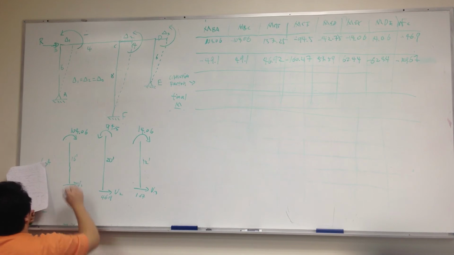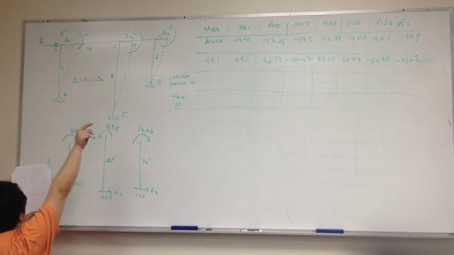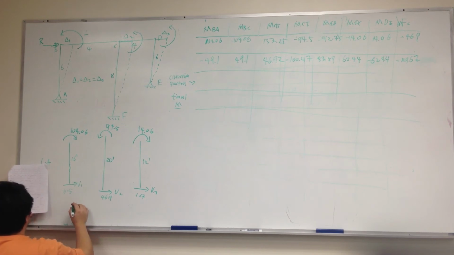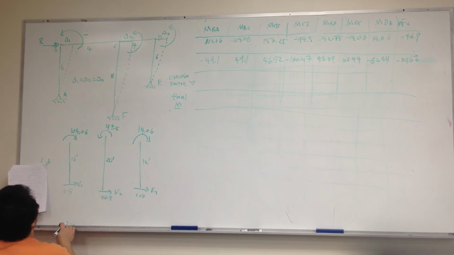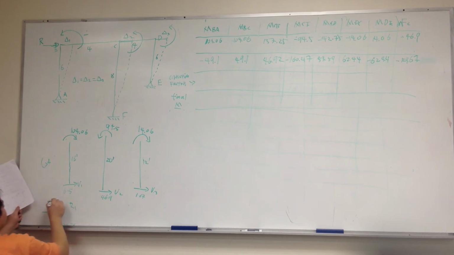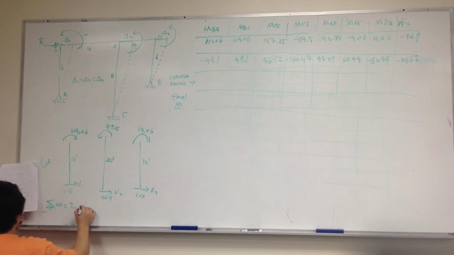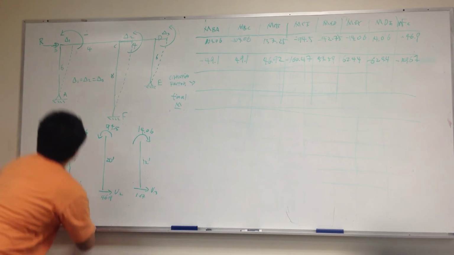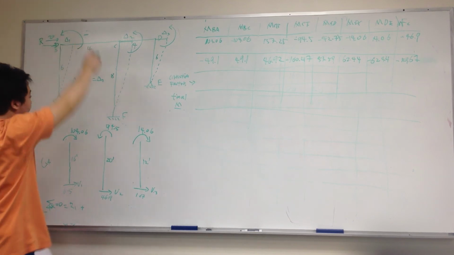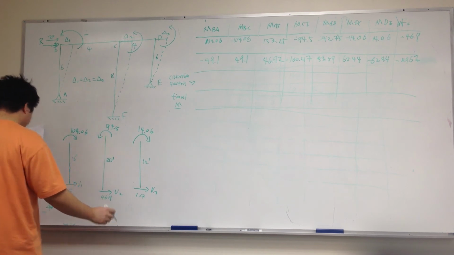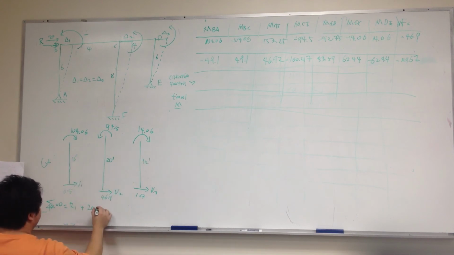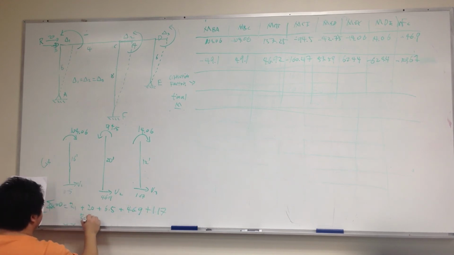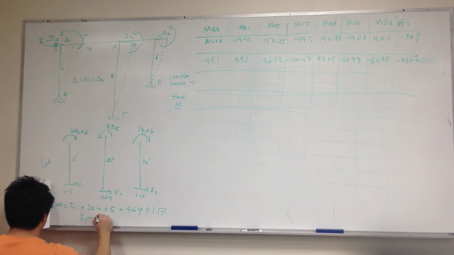Because R1 is going that way, the sum in the x-axis equals 0, and it's equal to R1 plus, before you have a 20 kip here, R1 plus 20, because 20 is also going that way, plus 6.5, plus 46.9, plus 1.17. And R1 is equal to positive 20.6.